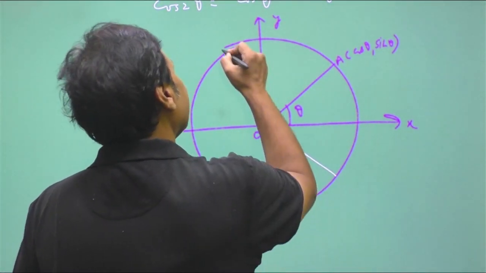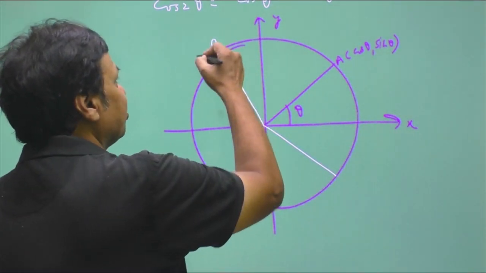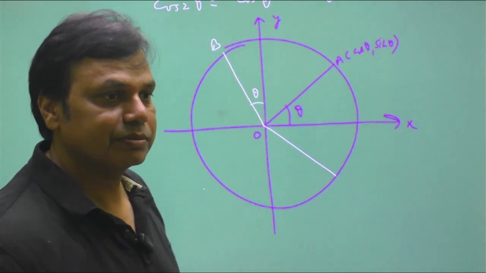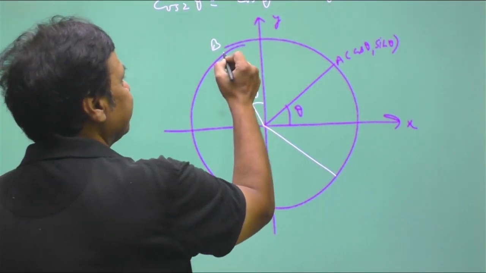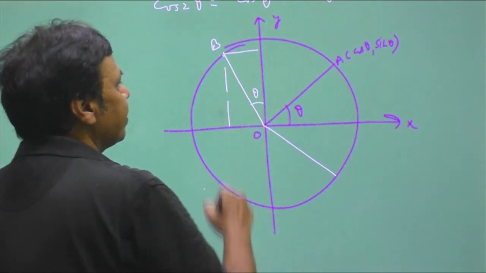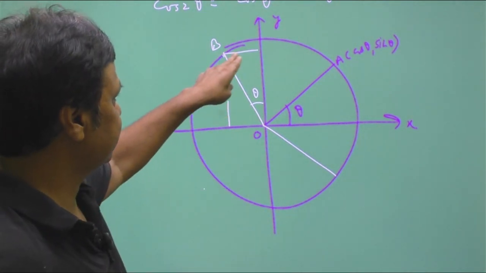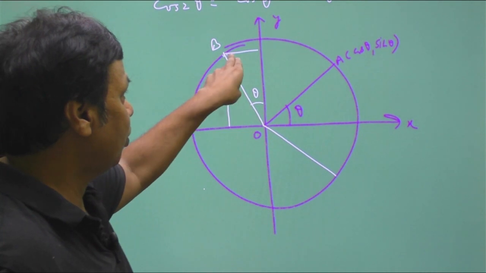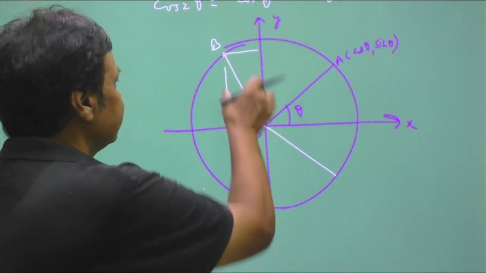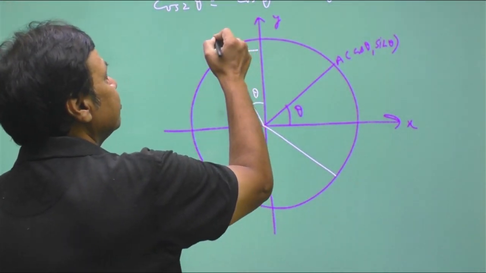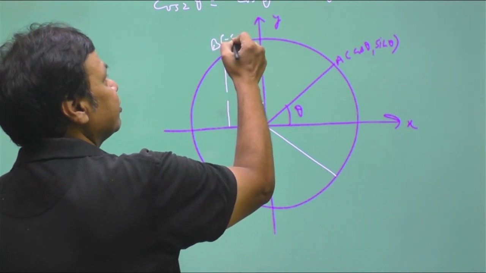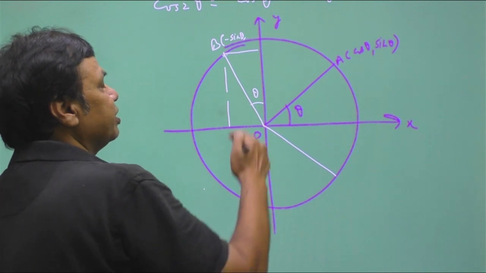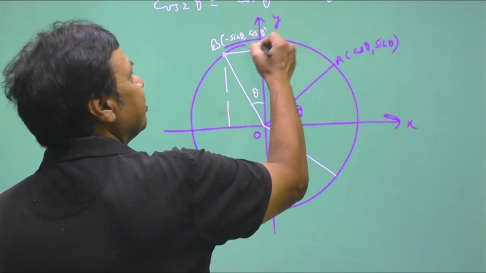Let's call it point B, and make this angle equal to theta. Then you will write the coordinates of point B. This length is OB sin theta, so its x coordinate is minus sin theta, and this length is cos theta, so its y coordinate will be cos theta.